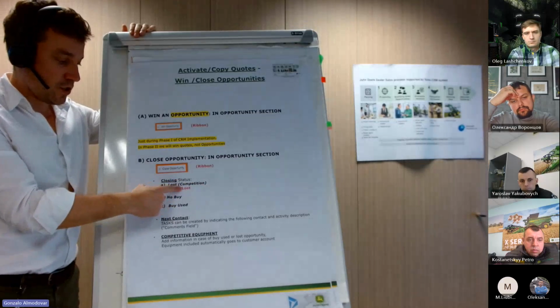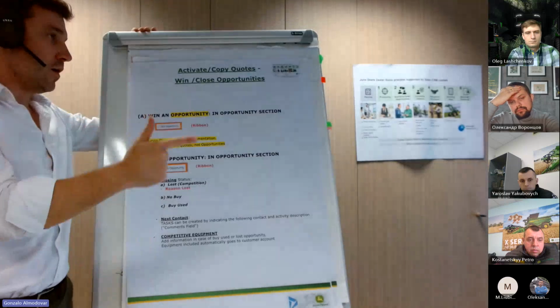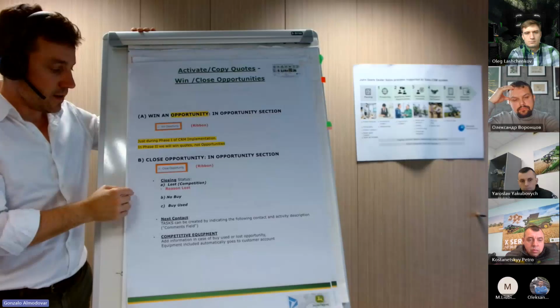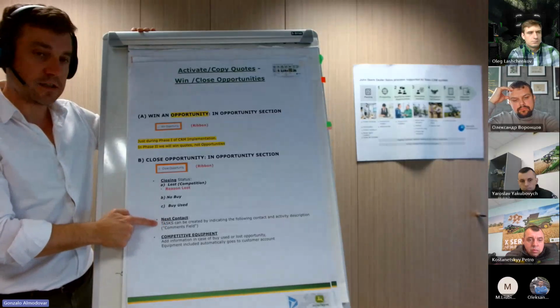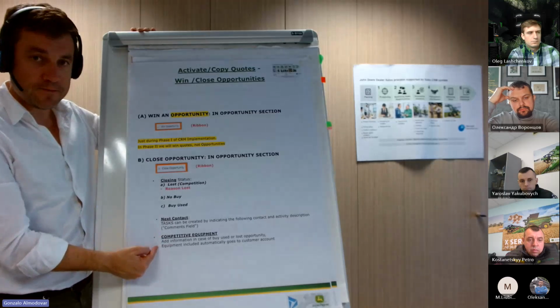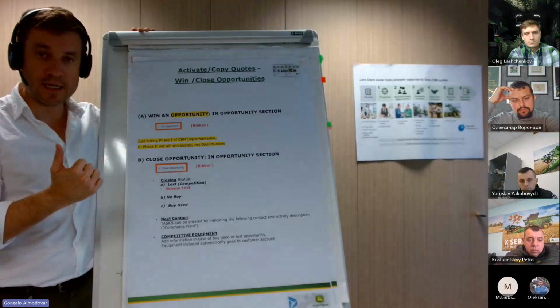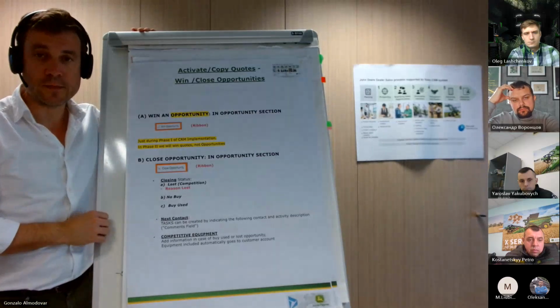Lost against the competition, we must include the reason for losing, price ratio, or finance offer, or trading offer, not enough, or whatever, right? In lost and buy used, we have a next contact, appointment, or task, and the capability to add competitive equipment. This will be sent to the database, customer database. So it makes sense to do that, right? And that's all. Any question?